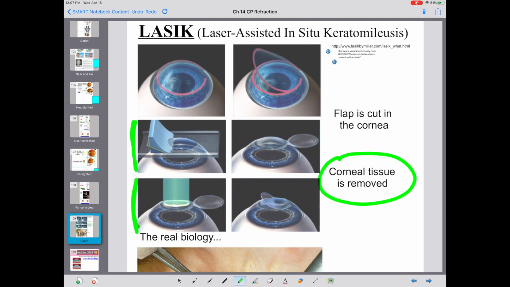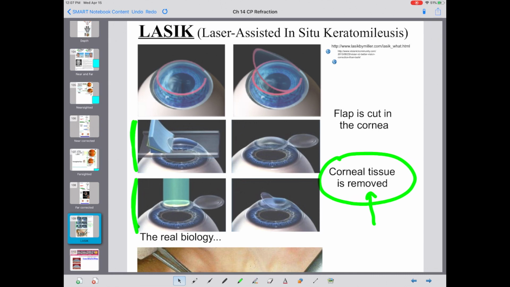If you need extra tissue added, you're not a candidate for LASIK. If you've had LASIK once and you try to go back 10, 15 years later to have it again, you might be able to have it or you might not. They remove tissue the first time and there might not be enough tissue there to be able to do it again.